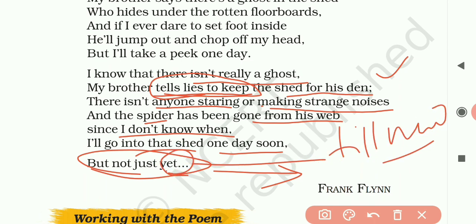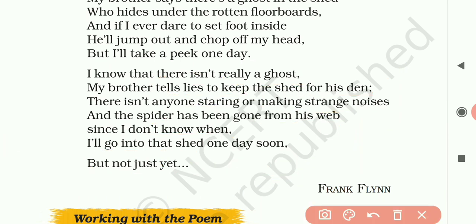Why has he not gone yet? What may be the reason? Is he afraid? What is the reason? You just keep guessing and you will understand why he has not visited. I think he still has fear in his mind. Okay? He can't dare to go there, right?